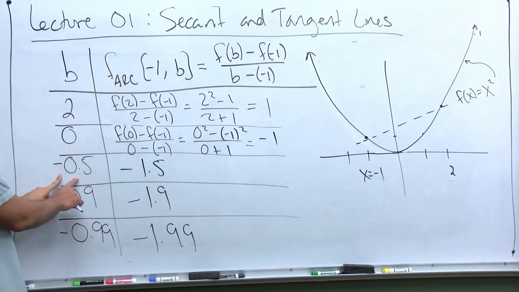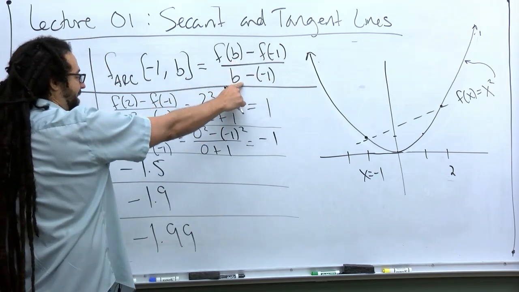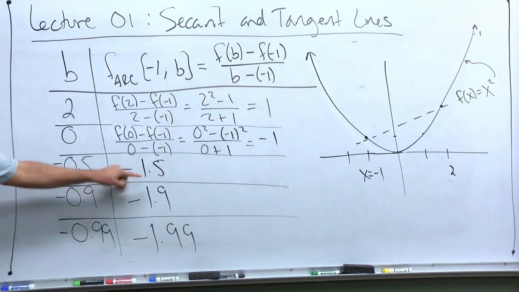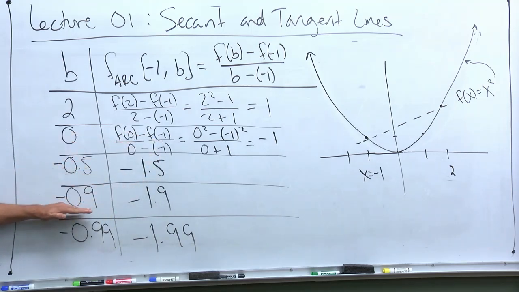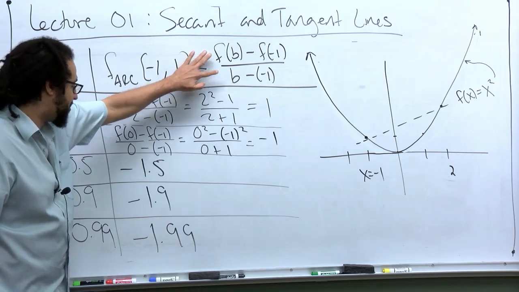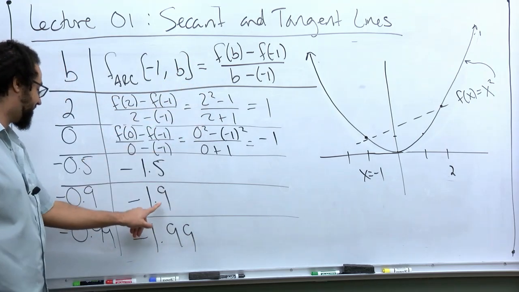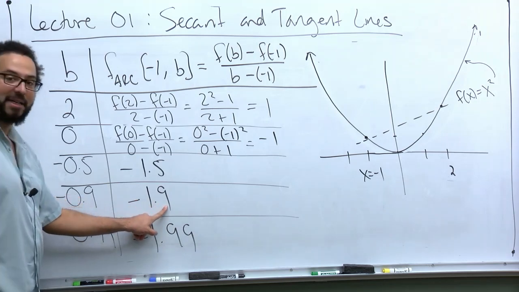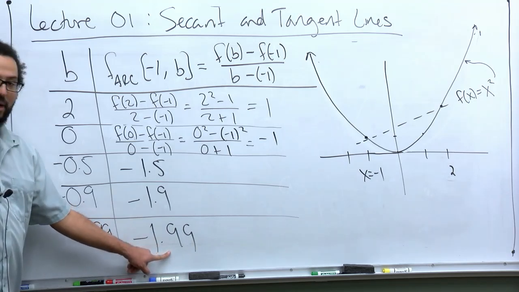When b is equal to -1/2, just plug in -1/2 here and here, work out that fraction like we did up here, you get -1.5. When b is -0.9, again, plug this into the average rate of change formula, work it out like we did the previous 3 cases. Here you get -1.9. Do the same thing when b is equal to -0.99. Here you get -1.99.